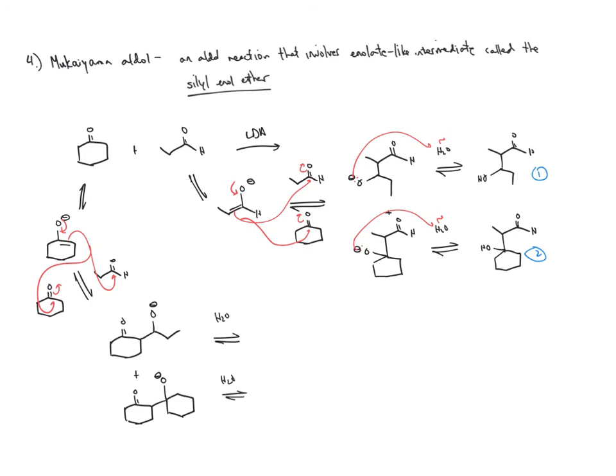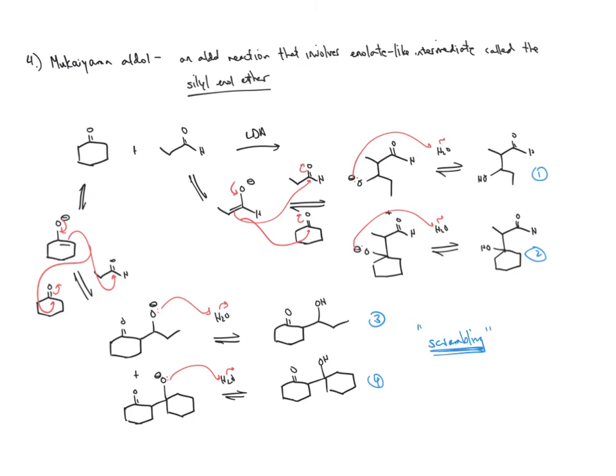So we react with H2O again to undergo the protonation, to give us a beta-hydroxy carbonyl and another beta-hydroxy carbonyl. And so this is product 3 and 4. Because we have 4 different products, we've got a problem. We have no way of controlling this, and we say this reaction is scrambled.